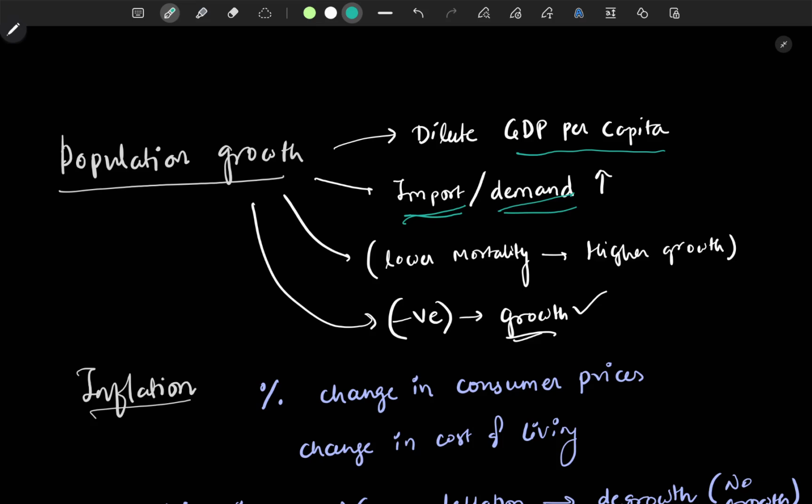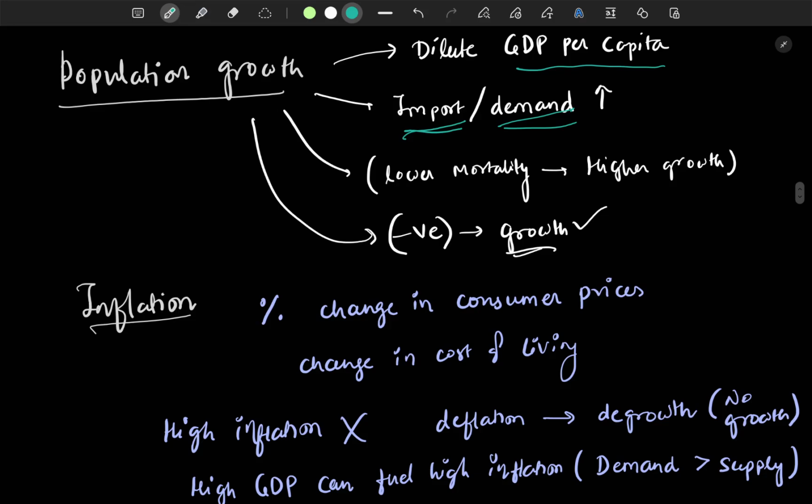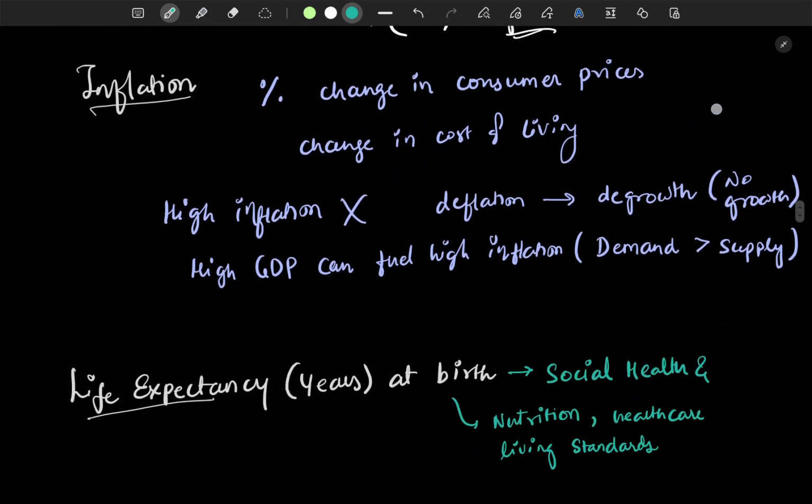Suppose there is a lower mortality rate, people don't die so easily, then the population will increase. And in developed countries, if the population is declining, that identifies that economic growth is happening.